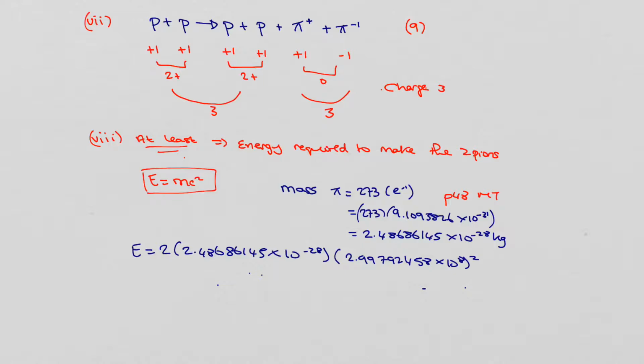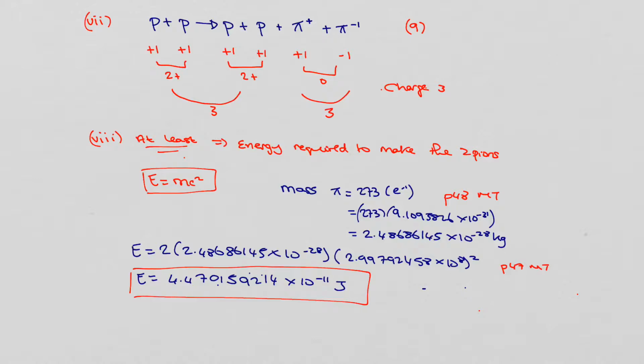That is page 47 there for c. If we multiply that out, what do we get for our energy? That is 4.470159214 by 10 to the power of minus 11, and that's joules. So basically this is the energy needed to make the 2 pions.